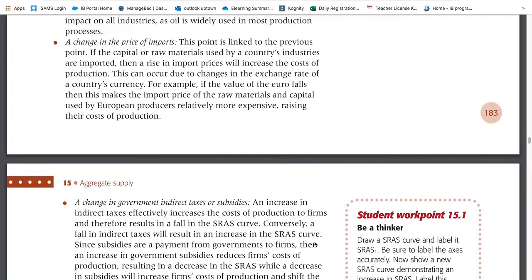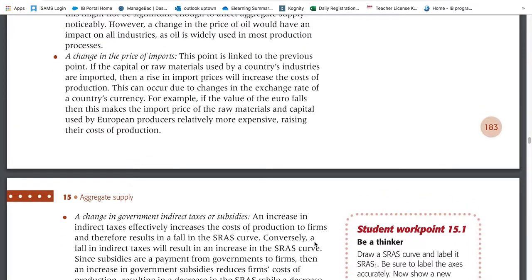Similar to that, you have a change in the price of imports, because a lot of times if you don't have your raw materials locally, you're importing them from other countries. So if the price decreases, it would shift to the right. If the price of an import is increasing for whatever reason economically, it could also be due to exchange rates. Remember, it doesn't just have to be the suppliers making the prices go up for imports.